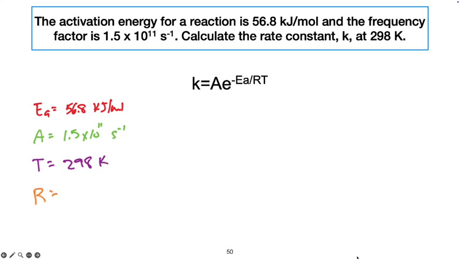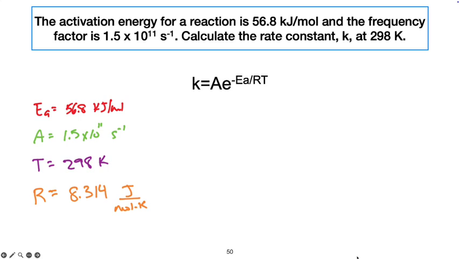Oh, and she conveniently didn't tell me what R was, so I look like an idiot. That's good. It's pretty normal. R is 8.314 joules per mole Kelvin. What are we supposed to do? We have to worry about the kilojoules to joule conversion and plug and shove. Shove the numbers in, punch it into the calculator, get out an answer. Ta-da, there would be your rate constant.